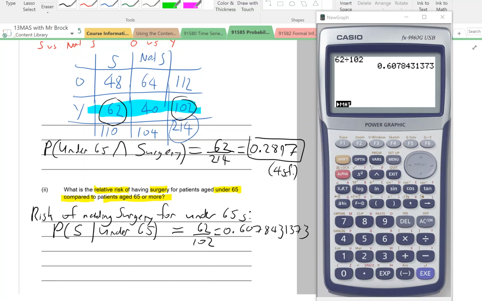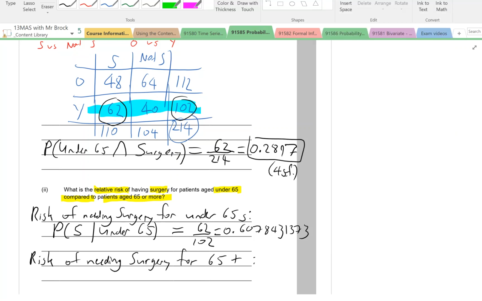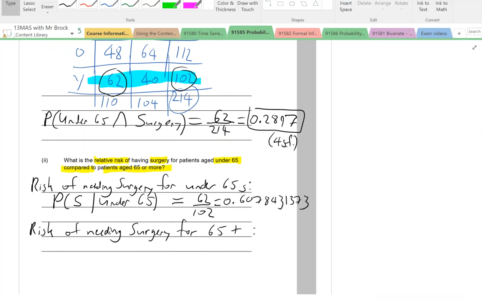So now I'd like you to pause the video and do the same thing for the risk amongst the 65 and overs. So the risk for the 65 and overs, another way of saying that would be the probability of what? The probability of needing surgery given that you're age 65 plus. So who's it out of?